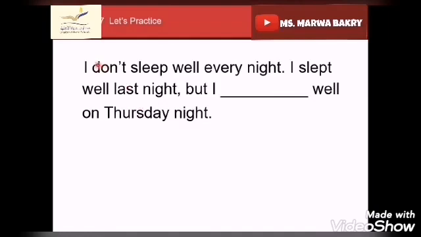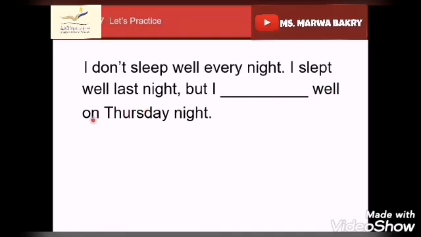Look at this example. I don't sleep well every night. I slept. Slept here is the past form of the verb sleep. This is an irregular verb. Sleep, slept. I don't sleep well every night. I slept well last night. But I what?